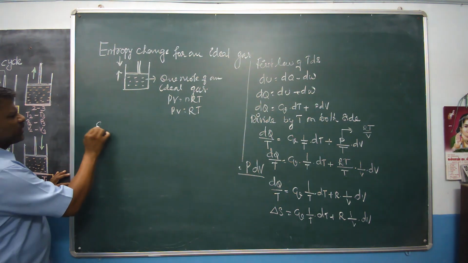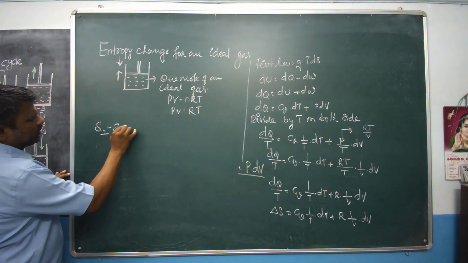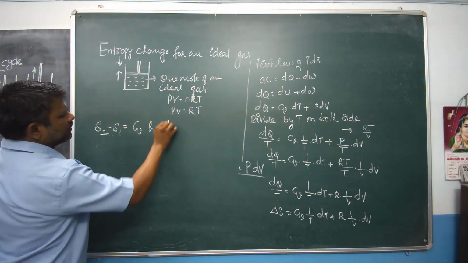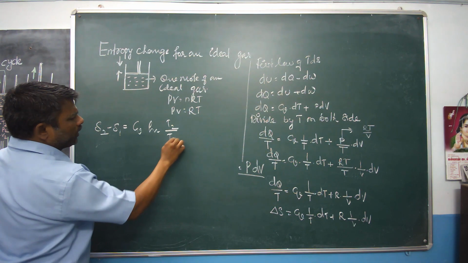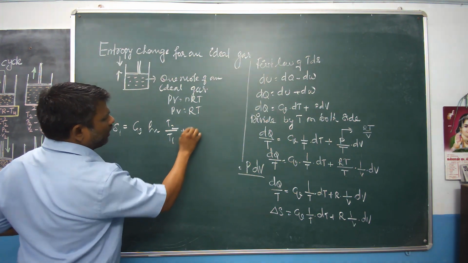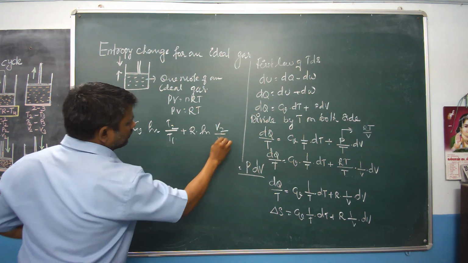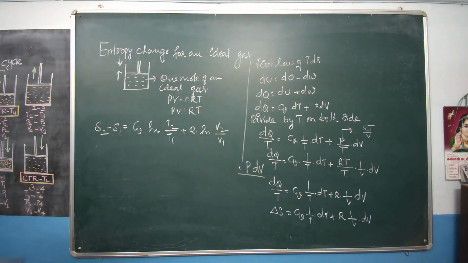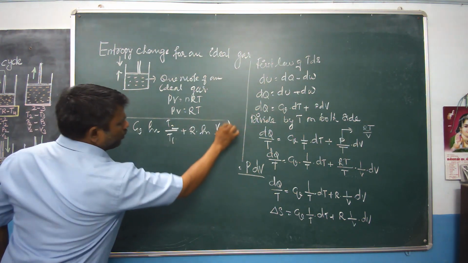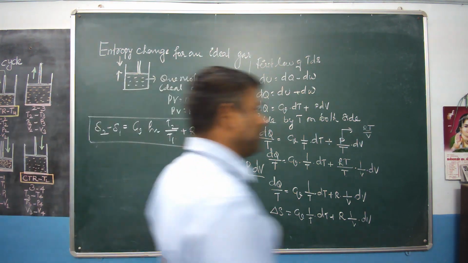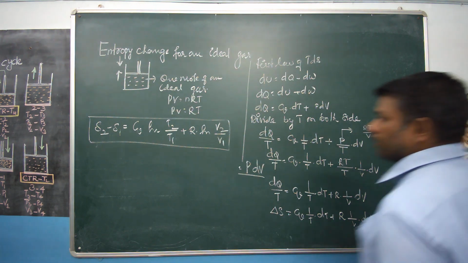So S2 minus S1 is equal to Cv into ln T2 by T1 plus R into ln V2 by V1. This is the entropy change for an ideal gas.